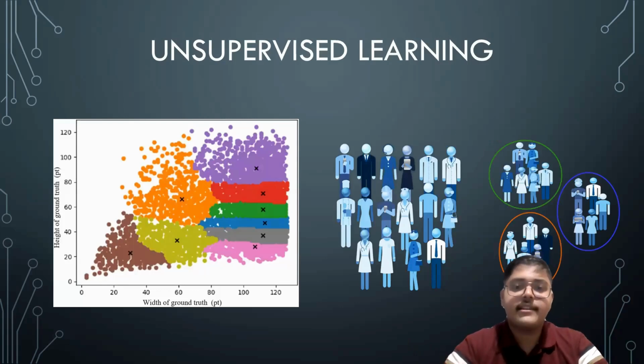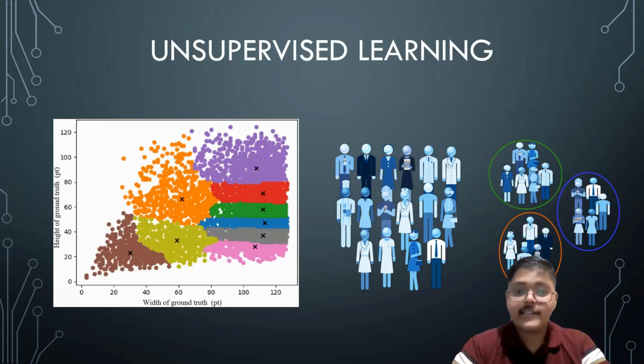Now, in unsupervised learning, as I told, we do not know what the label can be or what exactly should be the output. We basically group or cluster them, since clustering is the type. So we group and cluster them according to some similar characteristics. Okay, so take an example of this graph given here.